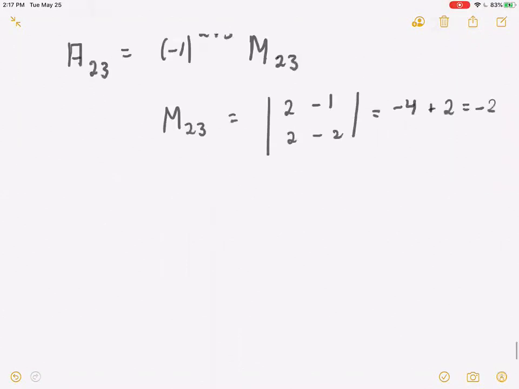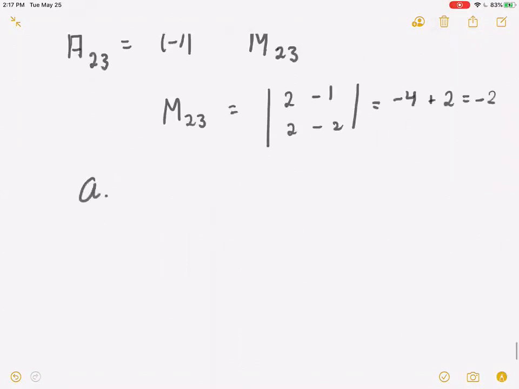Finally, our last term involves a matrix element A sub 3,3, which is 1 by inspection. The cofactor A sub 3,3 is just minus 1 to the 3 plus 3 power times the minor m sub 3,3.